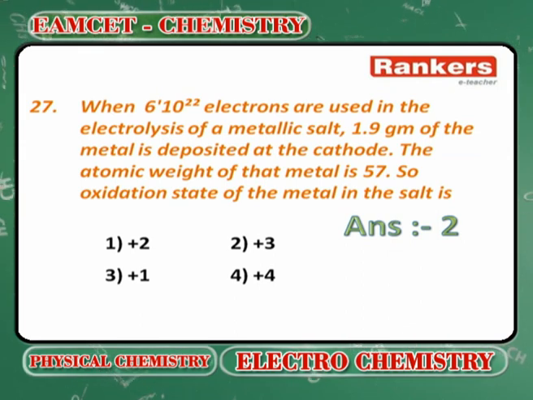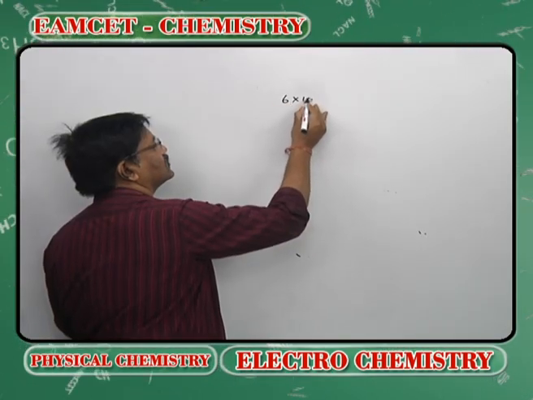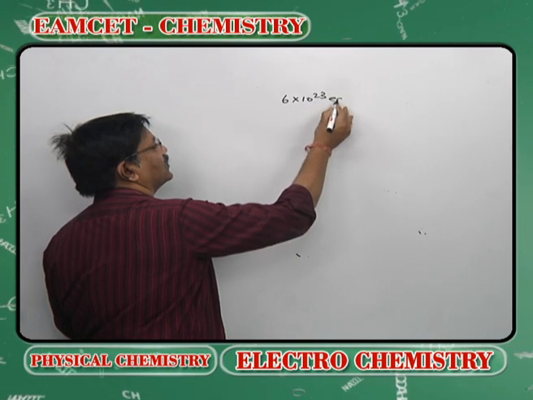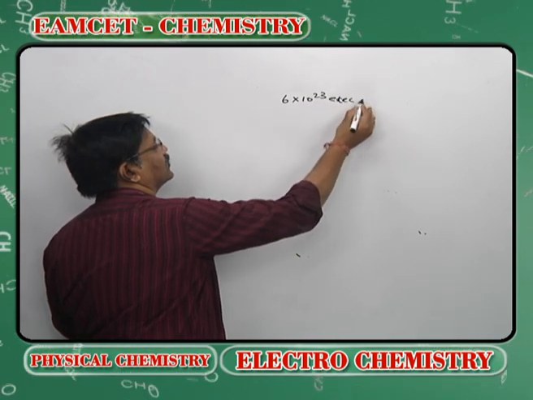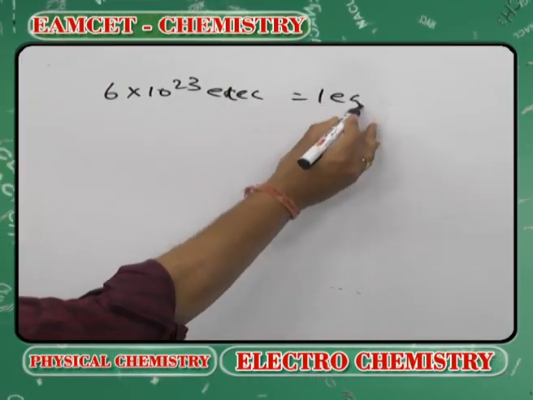6 into 10 to the power of 22 electrons will be equivalent to 0.1 Faraday, because 6 into 10 to the power of 23 electrons is equal to 1 equivalent weight.